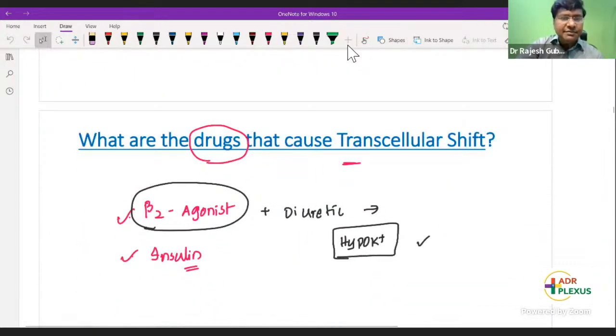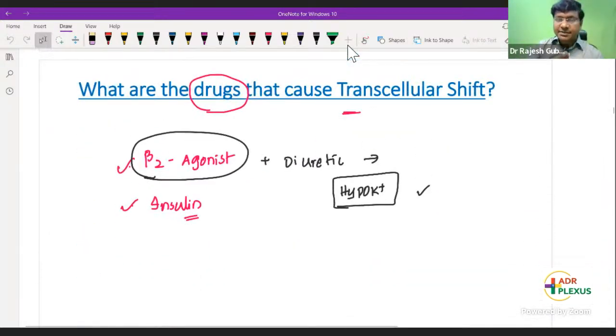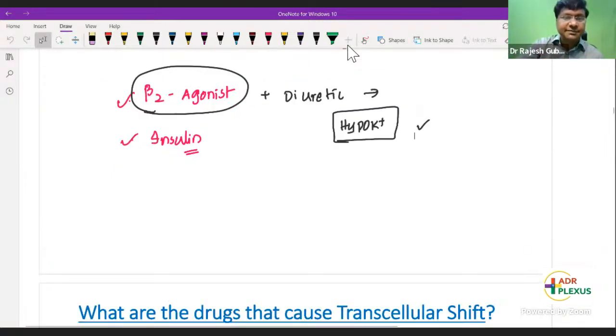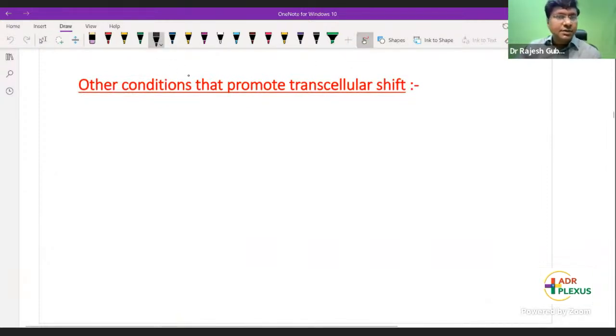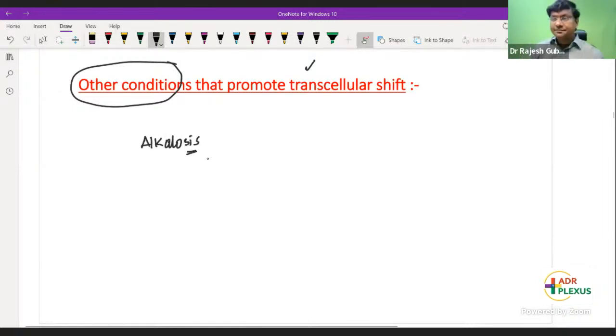But apart from drugs, we have some other conditions that will promote the transcellular shift. What are those other conditions? See, acidosis was causing hyperkalemia, whereas alkalosis will cause hypokalemia.